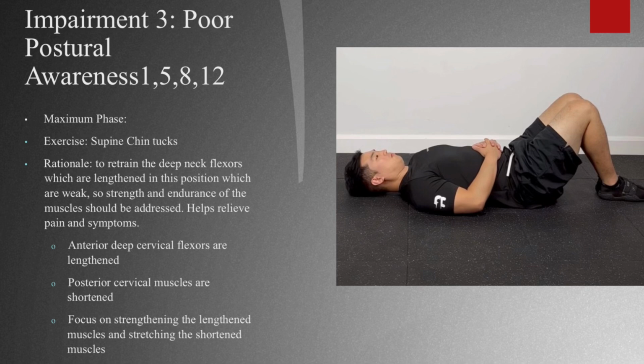And then for our last impairment, we focused on poor posture in the spine. This is mainly one of the things that patients can have with cervical disc pathology: they can develop a forward head posture, and what happens here is that the anterior deep cervical neck flexors will be lengthened, which means they'll be weak eccentrically, and then the posterior cervical muscles will be shortened, so they're weak concentrically.